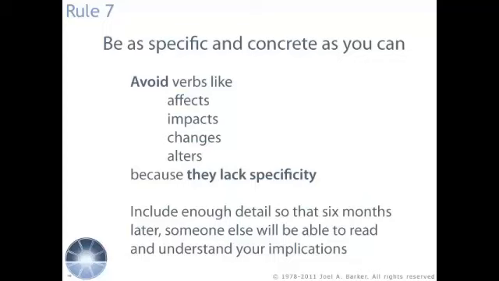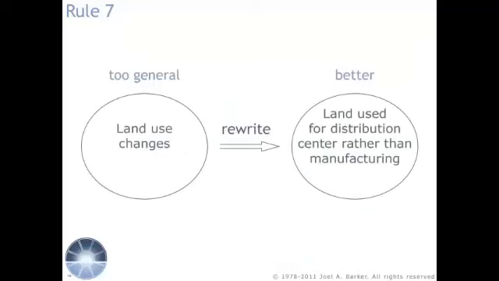Now, because Rule 7 is so important, I'm going to give you an extensive set of example implications that are not good enough, and then show you the same implications with enough specificity to make them useful. Here we go. Not land use changes, but land use for distribution center rather than manufacturing.